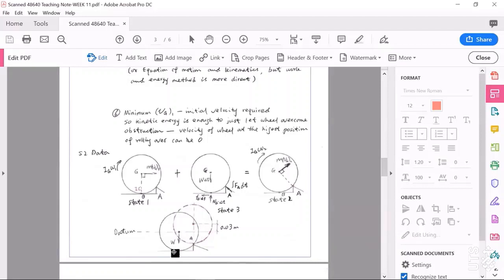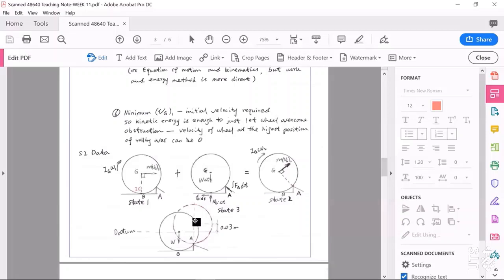From state 2 to state 3, this is a problem that can be solved using the work and energy method. In this process, you can see only the weight force W of this wheel can do work.